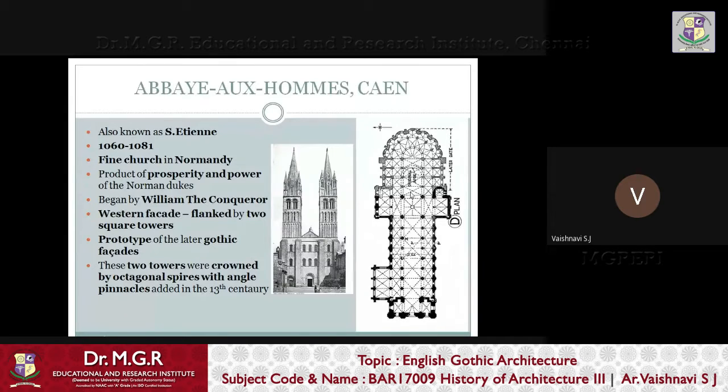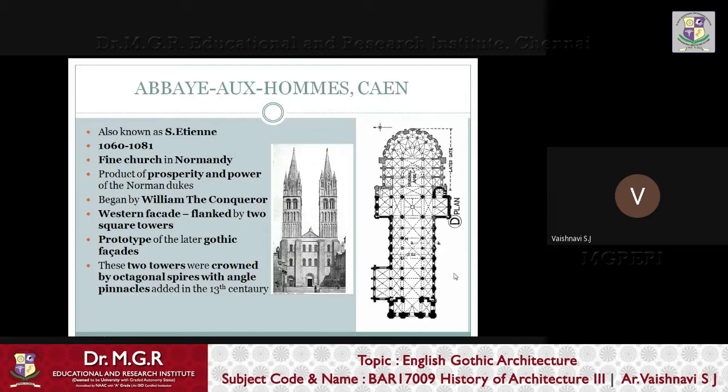Okay, this is one of the examples of Romanesque architecture in France. It's called Abbaye aux Hommes. It was a famous cathedral during the period, and it was constructed during 1060 to 1081. It is also called Saint Etienne.